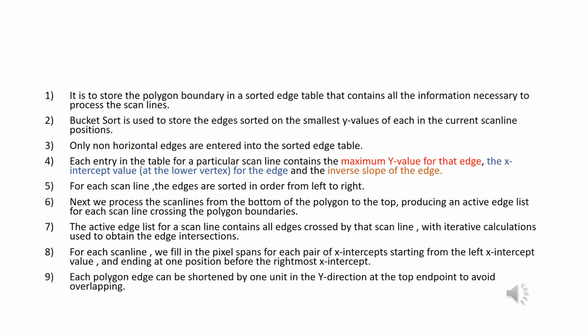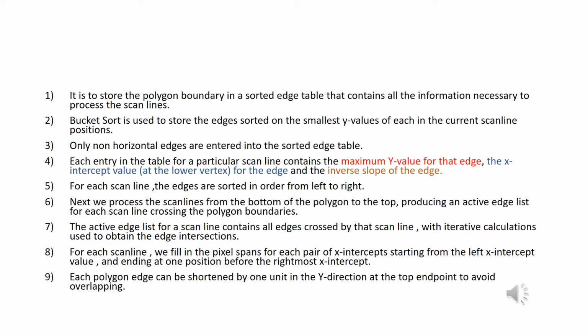First, we have to store the polygon boundary in a sorted edge table that contains all the information necessary to process the scan lines, such as x coordinate, y coordinate, inverse slope, etc. Next, bucket sort is used to store the edges sorted on the smallest y values of each edge in the current scan line position.